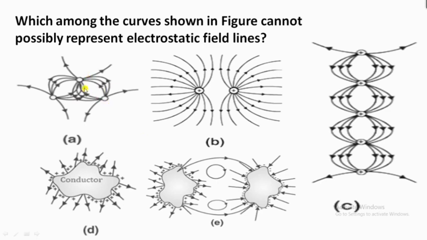For this diagram you can see they are crossing, and again they are starting from this positive and they are ending at this positive, because out here it's going away also and it is going to the charge, so this is ending at positive. So similarly you can check all others, and there may be more than one reason, so you have to check.